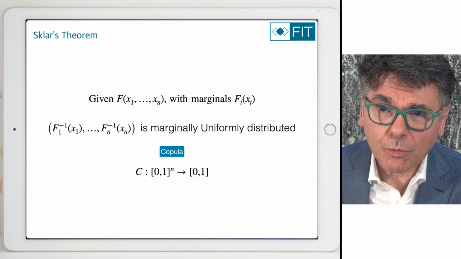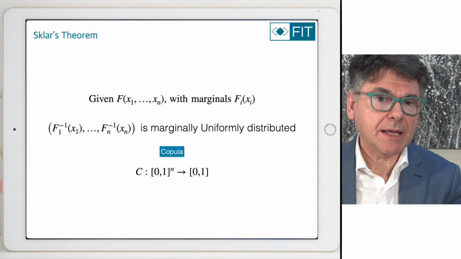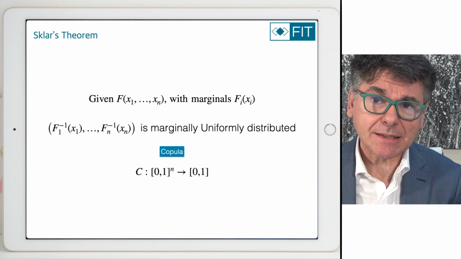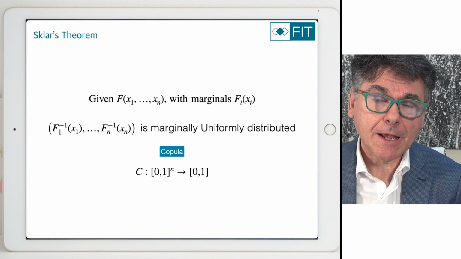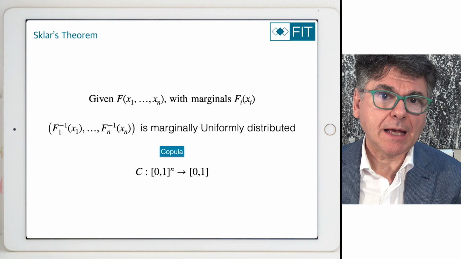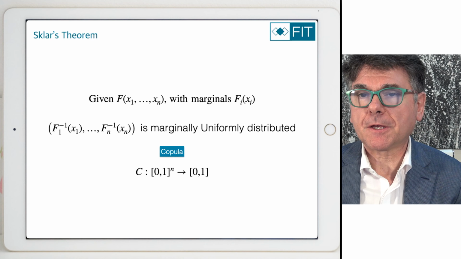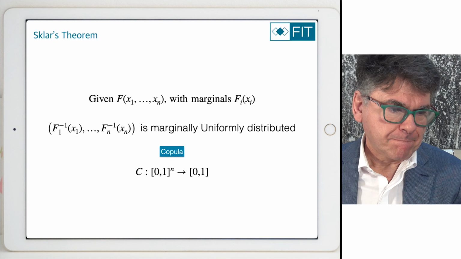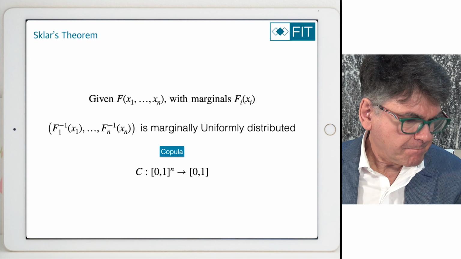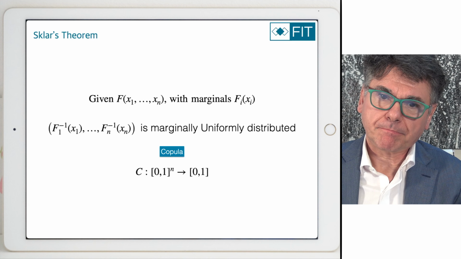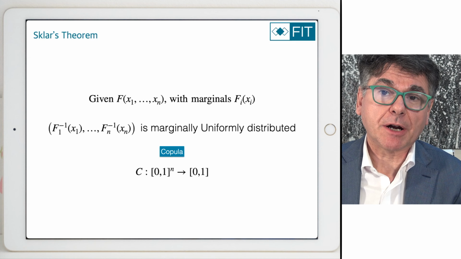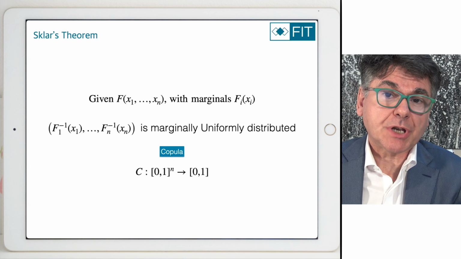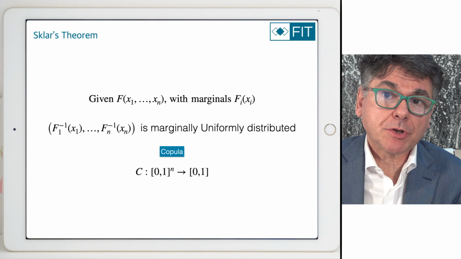So if I know what this copula is, then I can do something just as before, because this copula has the same role as the Cholesky decomposition. I can do sampling in each of the marginals because I know the cumulative distribution function of each of the marginals.